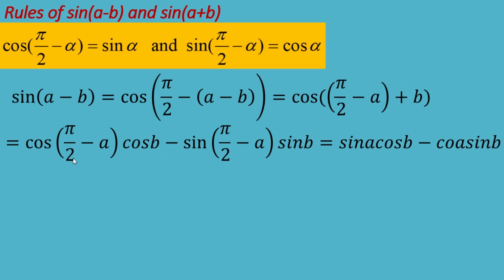So then cosine pi by 2 minus A, which is sine A, sine pi by 2 minus A equals cosine A. So this is sine A cosine B minus cosine A sine B. So the rule is sine A minus B equals sine A cosine B minus cosine A sine B.